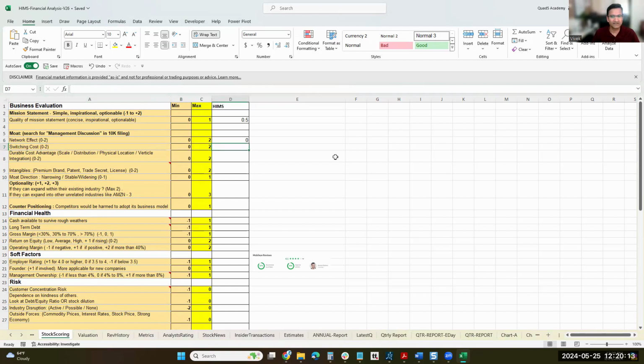Switching cost, almost none, right? You can turn off your subscription, go to another healthcare provider. Durable cost advantage. Does it have a cost advantage? I guess no. What do you guys think? My reason for saying no is that they have to pay the healthcare professionals.